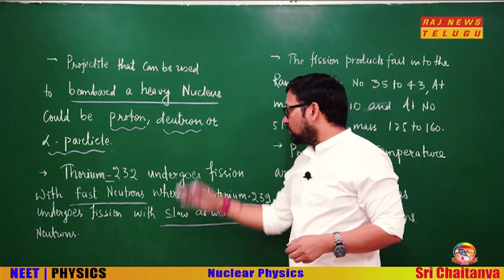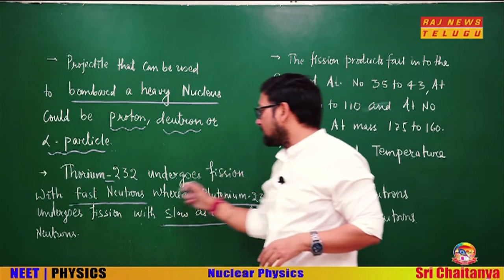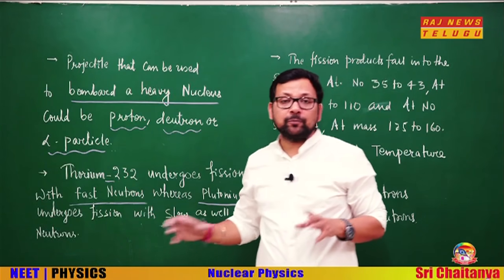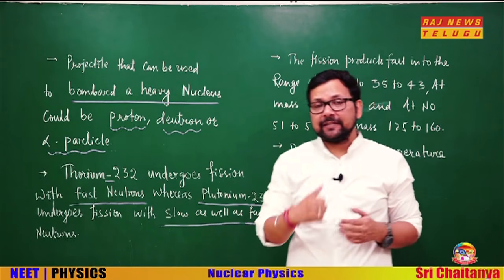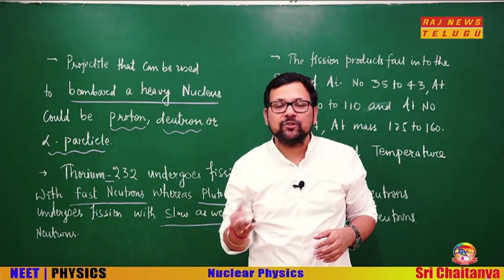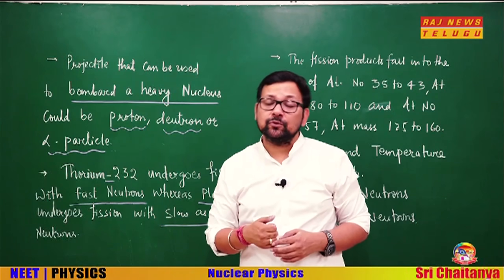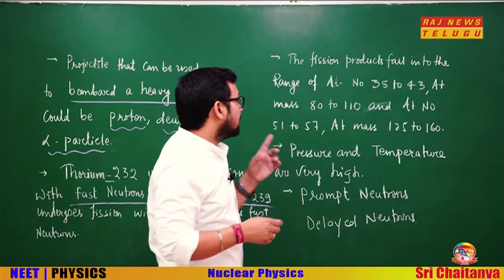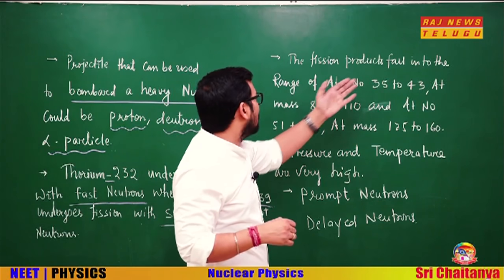So when thorium is undergoing fission, what you need is fast neutrons, but for plutonium, both. Suppose there is a question in NEET: which of the following can undergo fission using both slow and fast neutrons? What will you take there? Plutonium 239.